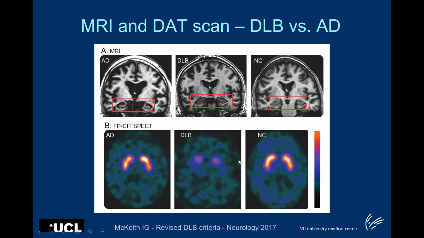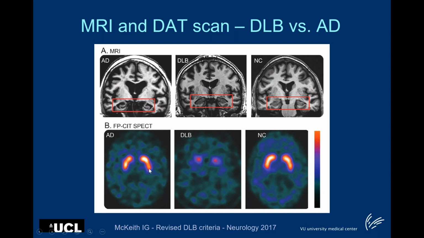This one I already showed. Yeah, so as I said, for Lewy body, we need to look at the dopamine imaging. This is from the recently revised DLB criteria that was published only last year. Of course, in Lewy body dementia, you tend to have a normal hippocampus in contrast with AD, but then you have very reduced uptake of the dopamine tracer, which should be in the caudate and the putamen, so it should be sort of comma-like structure.